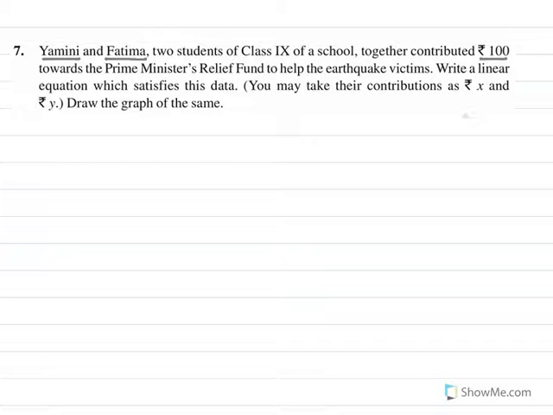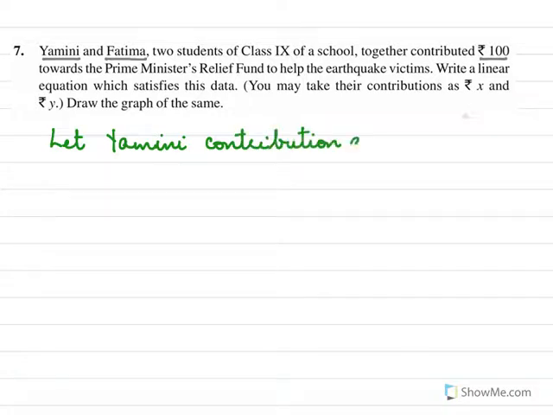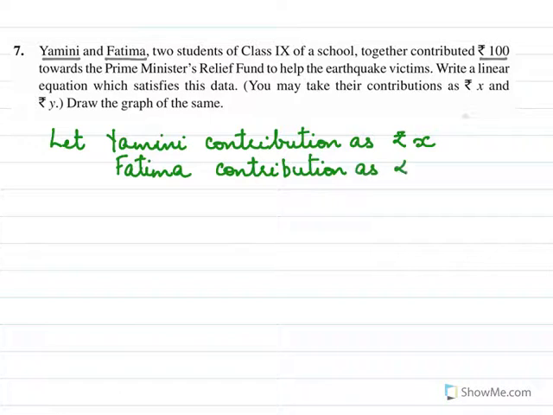So we take Yamini's contribution as x rupees, and Fatima's contribution is y rupees.